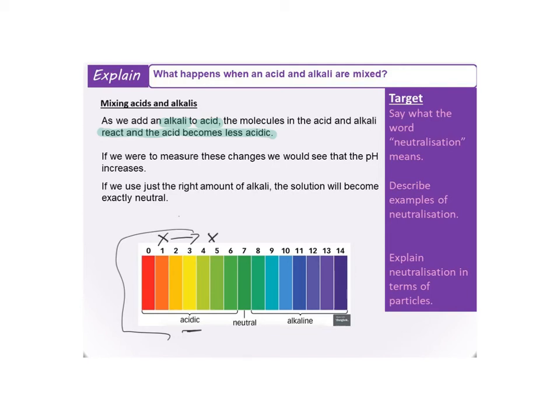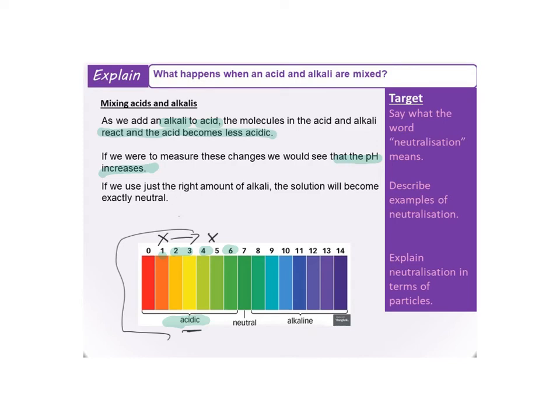And that is what the next paragraph goes on to explain. It says, if we were to measure these changes, we would see that the pH increases, and that means that the pH starts to move up from being an acid. It starts to increase because the numbers start to increase.